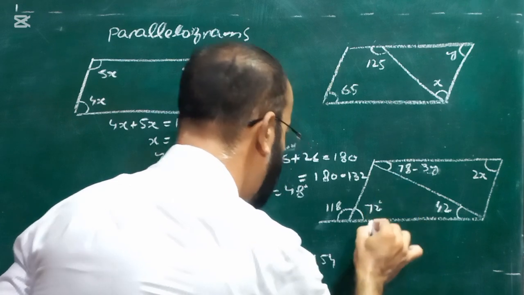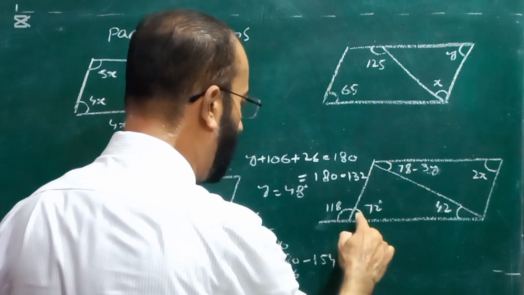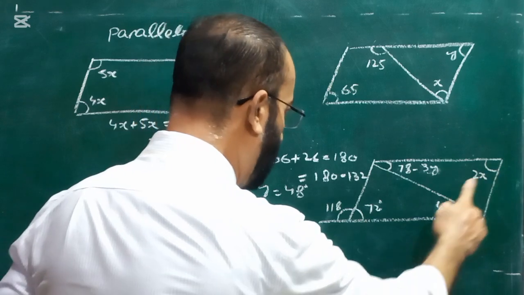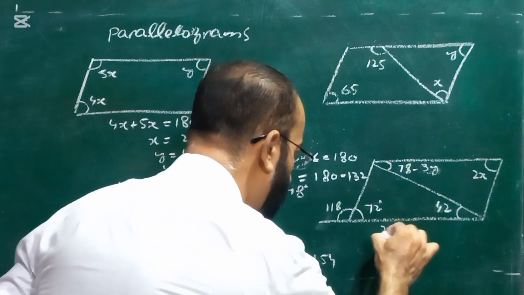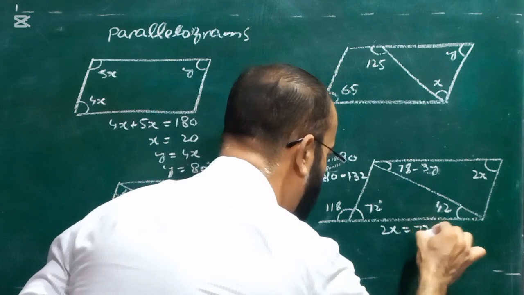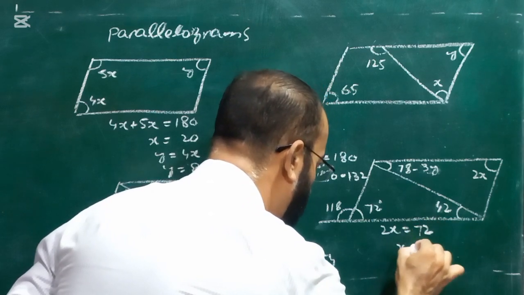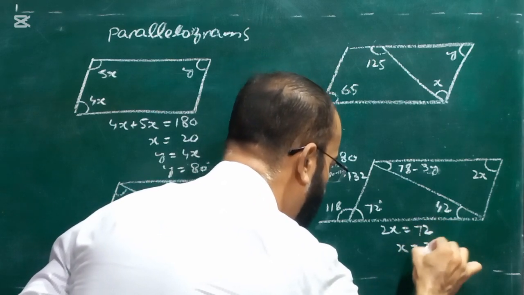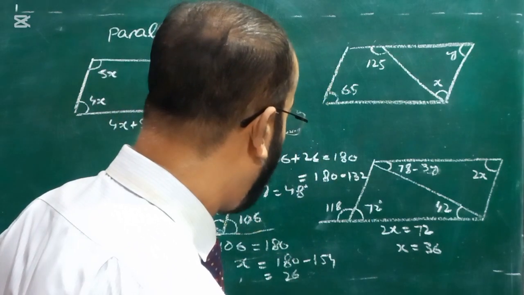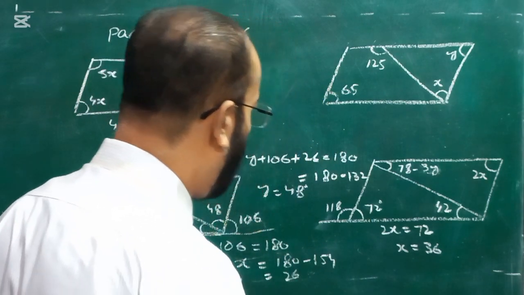So this angle is 72, because the sum of the angles on a straight line is 180 degrees. So 2x will be equal to 72, because the opposite angles of a parallelogram are equal. From here, x will be 36 degrees.